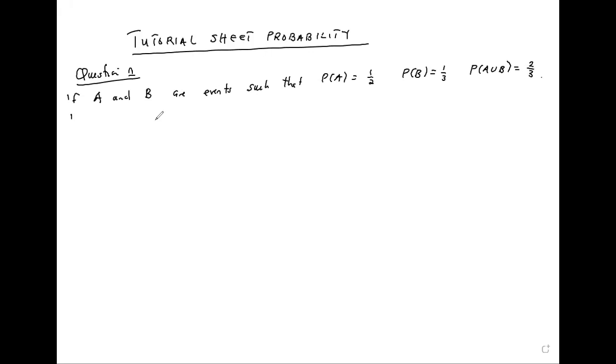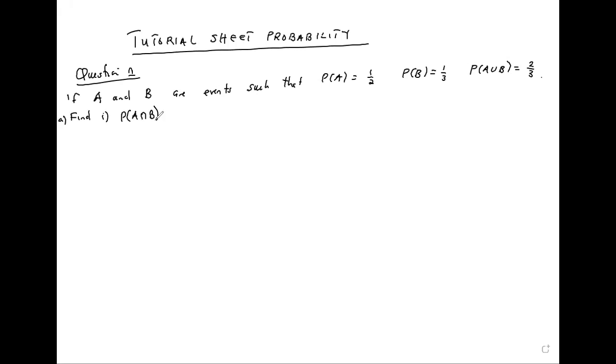Then what should we find? Find 1, the probability of A intersection B, and then the conditional probability, the probability of A given B.